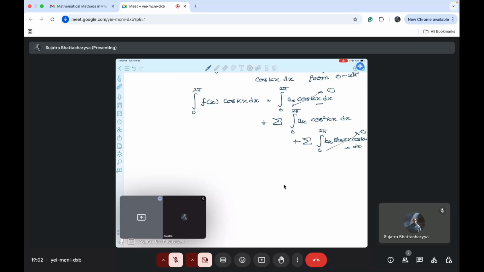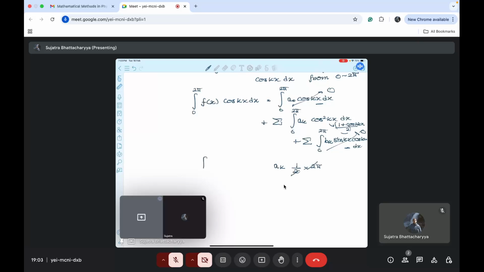So what you will get finally, just leave the summation for the time being, it will be a_k, and cos square kx is what? (1 plus cos 2kx) by 2. So it will be half dx. So it will be half into 2 pi. So it will be pi.